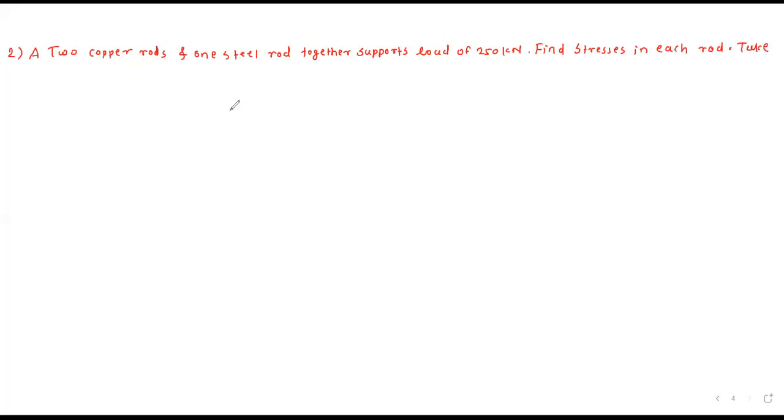Take Young's modulus of steel and copper as 200 GPa and 80 GPa. Draw the figure fast.